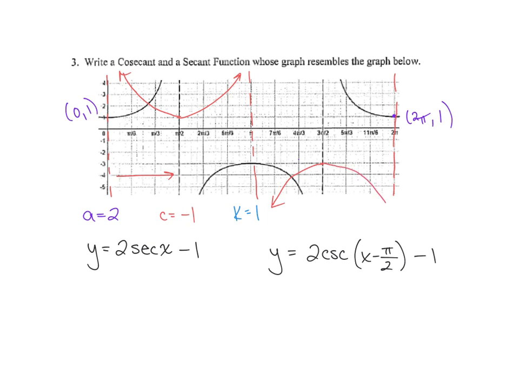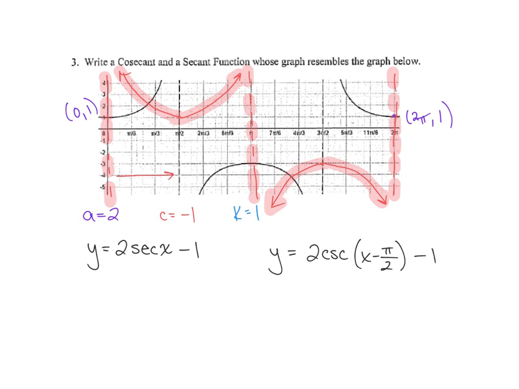What you see here in red should be what our base cosecant graph looks like. I'm going to try to highlight it, hoping this makes it easier, not harder. So that should be our base cosecant function.